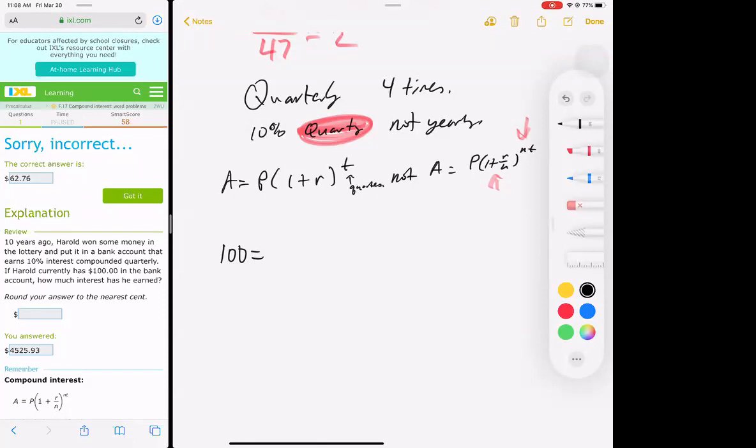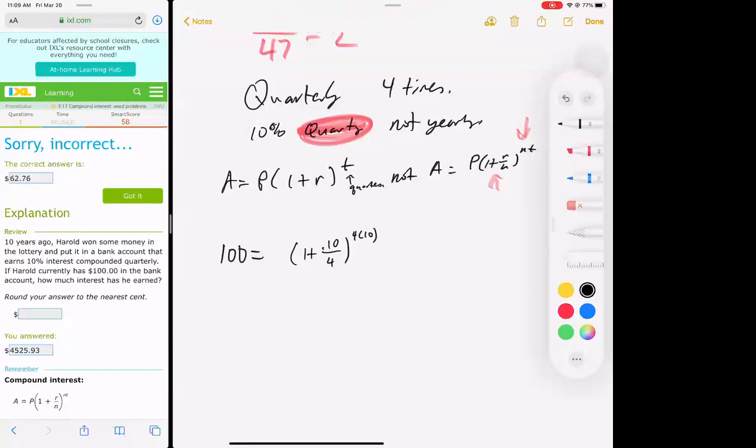He won some money from the lottery and he put it in a bank account that earns 10% interest rate quarterly. 4 times 10. Harold won some money in the lottery and put it in a bank account that earned 10% interest rate quarterly. If he currently has $100 in the bank, how much interest has been earned?